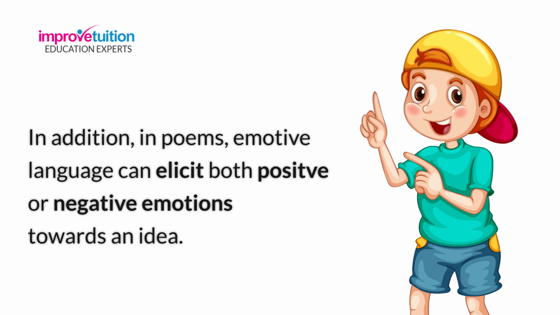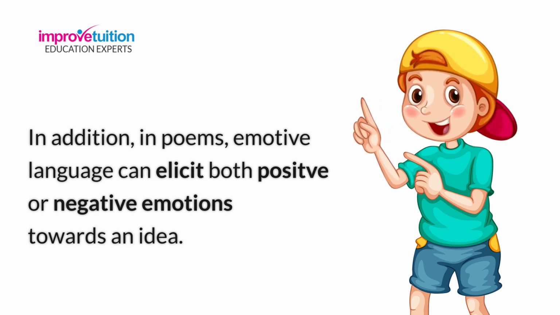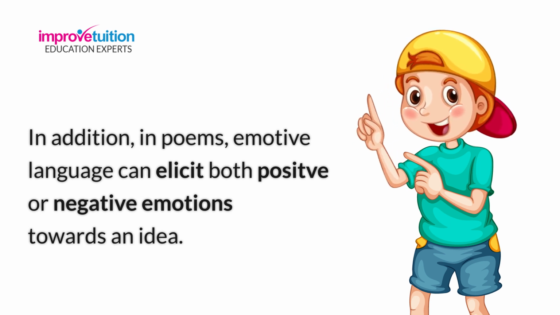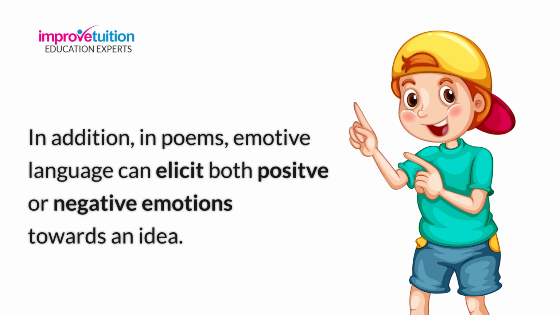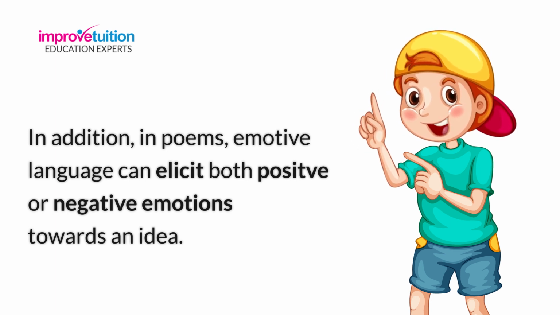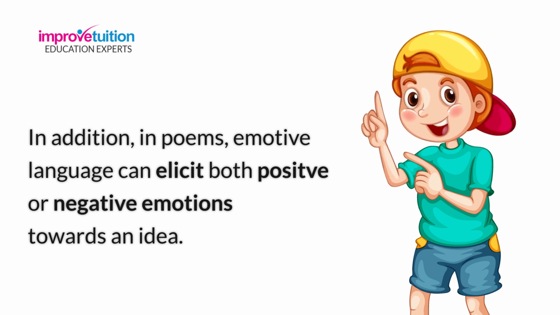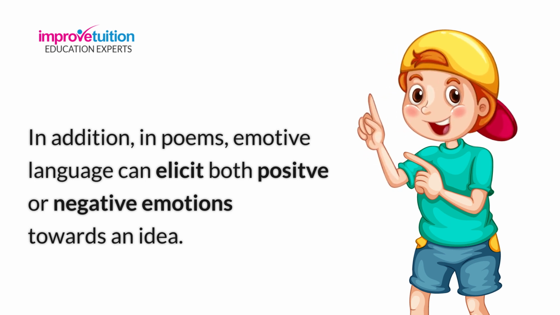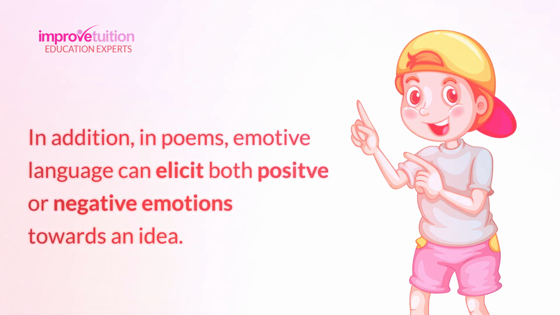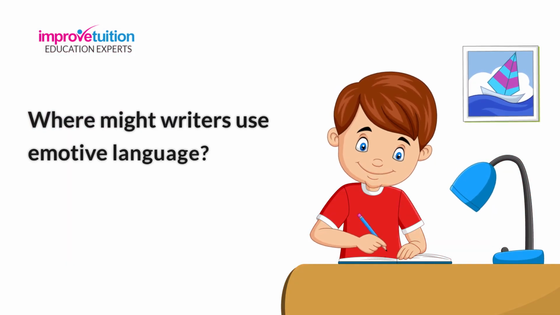So you have emotive language which creates positive or negative emotions. They create a particular response, a particular reaction, a particular impact on the reader, which can be both positive or negative in feeling.